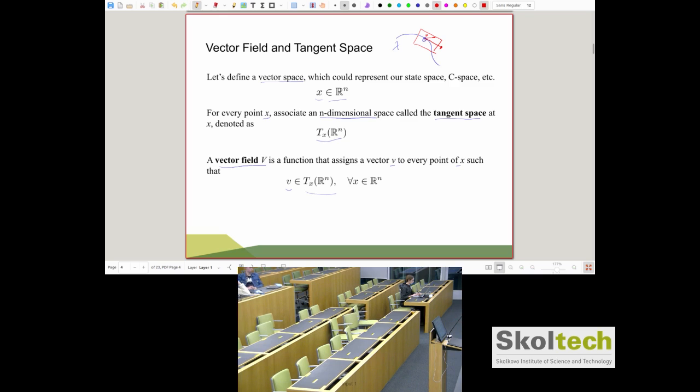Why they start talking. It doesn't mean that it's tangent, but the only thing that you know for sure is that this space exists only at one point. And then if you want a neighboring point, it's going to be a different tangent space that depends on whatever properties of your state space or other things.